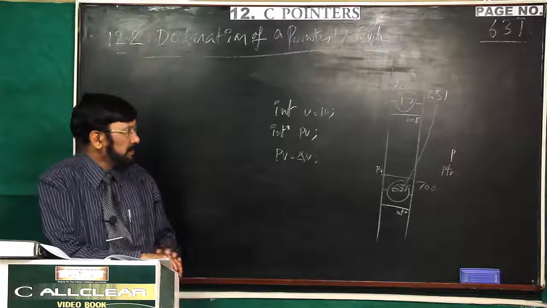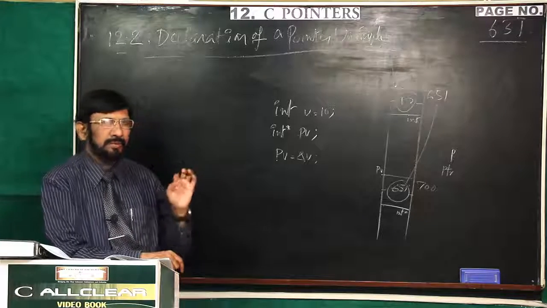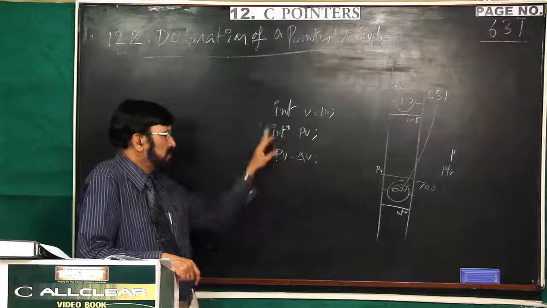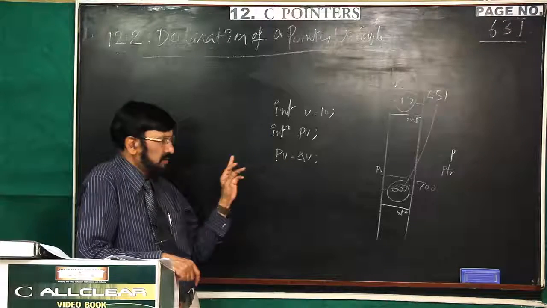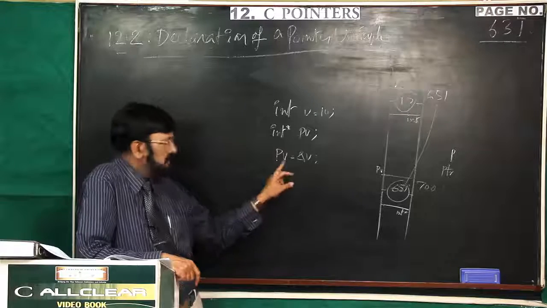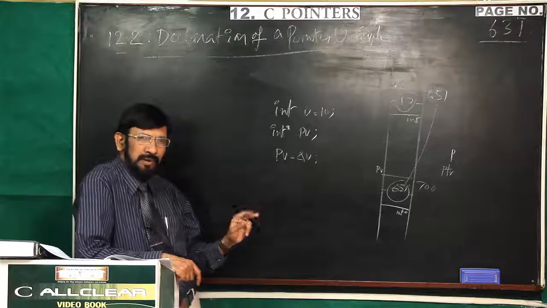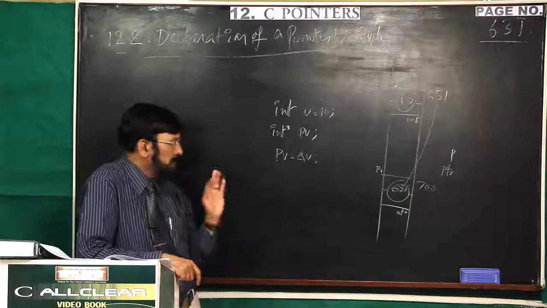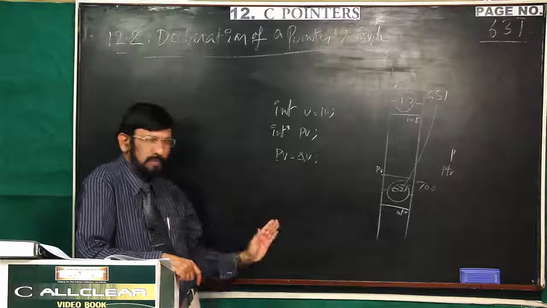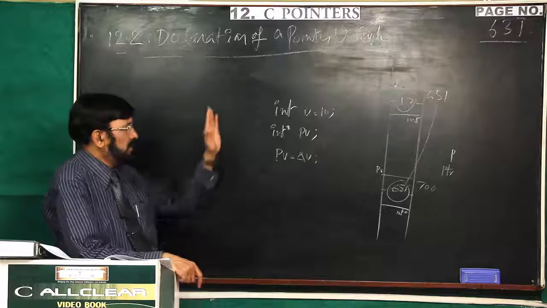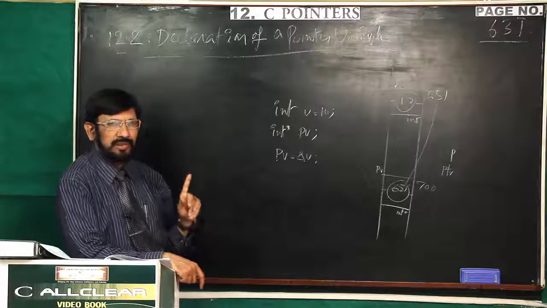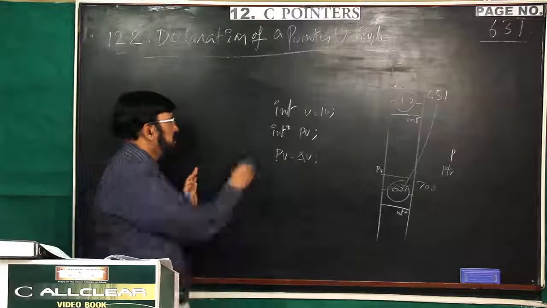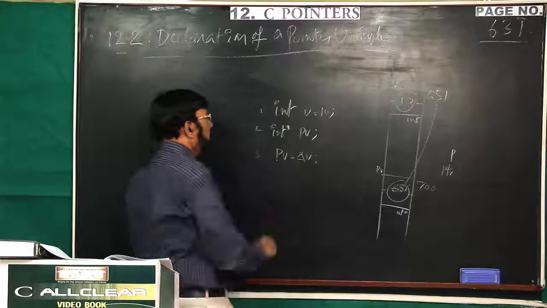In this manner, in order to perform any pointer oriented operations, we have to perform the three steps, that is, initialization of the pointer. Until you initialize a pointer variable, you should not use it. Every time, whenever you are using pointers, remember the three steps and make a checklist: 1, 2, 3.